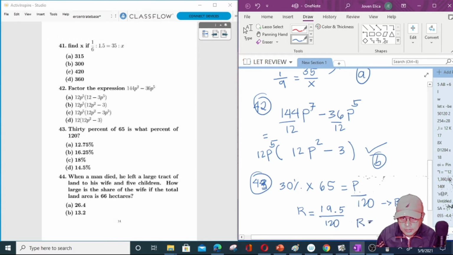Our rate is equal to 19.5 divided by 120, which is equal to 0.158.